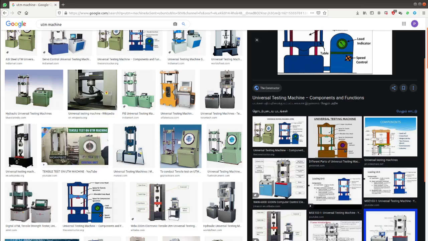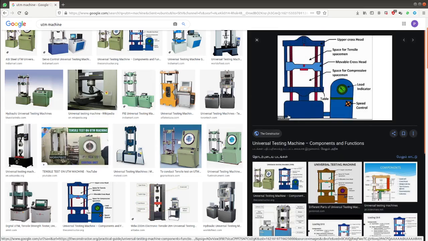First let me show the instrument with which the tension test is being performed. Right, which is known as UTM machine. It's a short form for universal testing machine. Okay, so this is the schematic of that machine. In this one, this is a movable crosshead, and this is an upper crosshead.